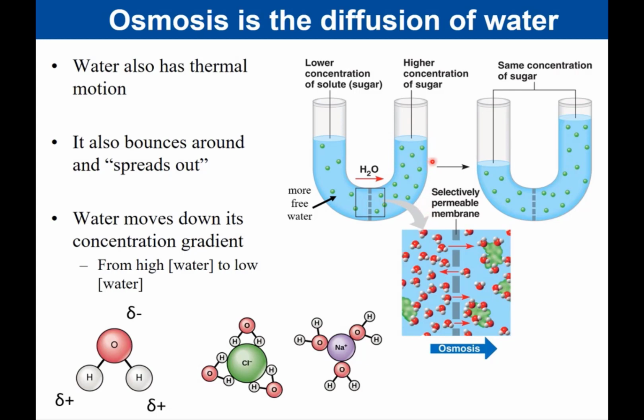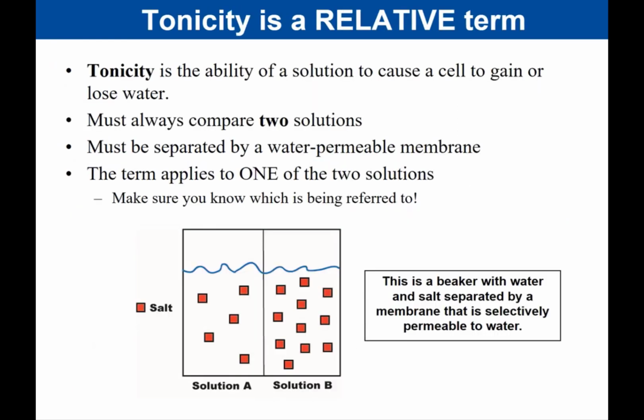Either way is fine to remember it, if you want to remember that it moves from low solute to high solute. But I would rather remember that things always go from high to low. So I always like to remember that it's going to move from here, where it has more free water, or a higher water concentration, to this side where it has a lower water concentration. This is referred to as osmosis. Osmosis is the diffusion of water.